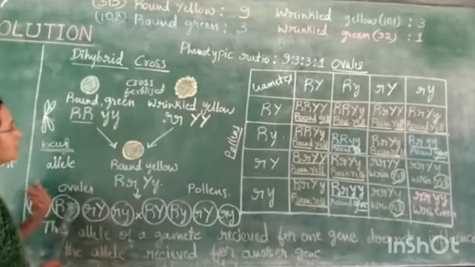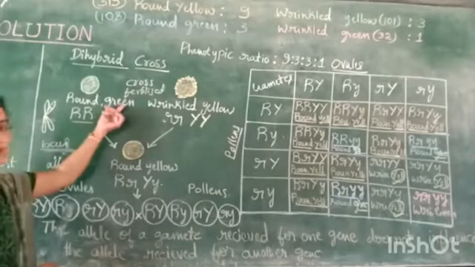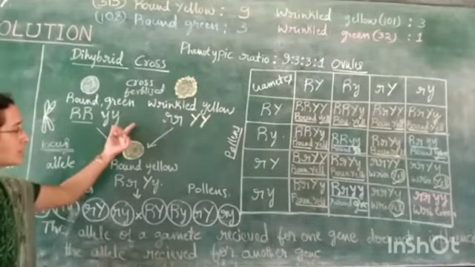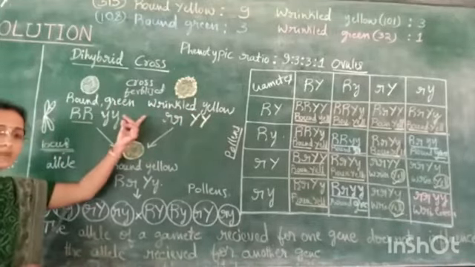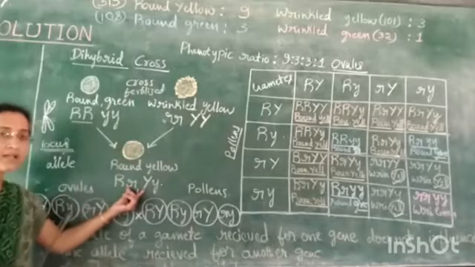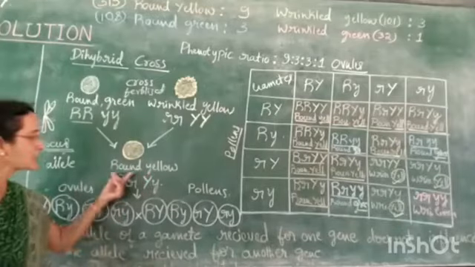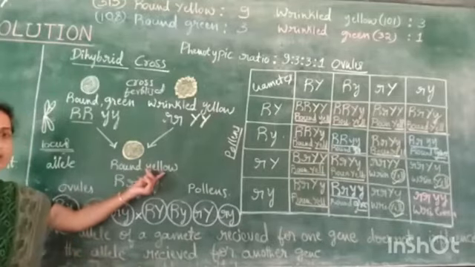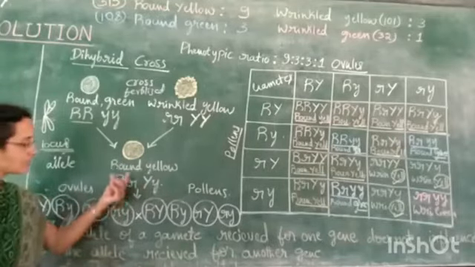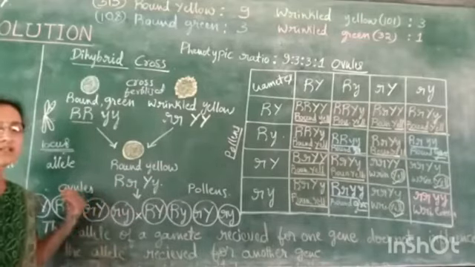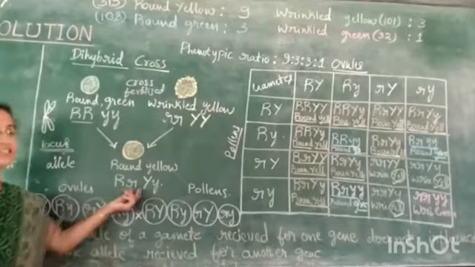So what happened to the green color of the seed and wrinkled nature of the seed? Those factors of the character were hidden in this plant, but they were not shown in those plants. Here you can see the round and yellow nature of the seed, but inside the plant, the gametes contain these recessive factors.